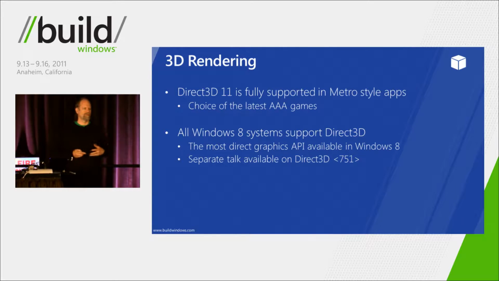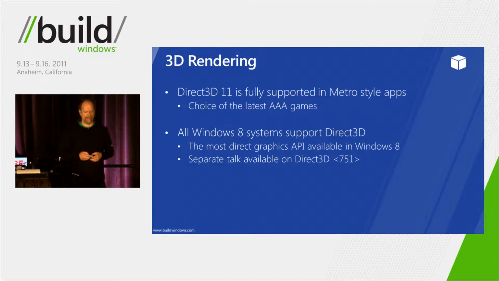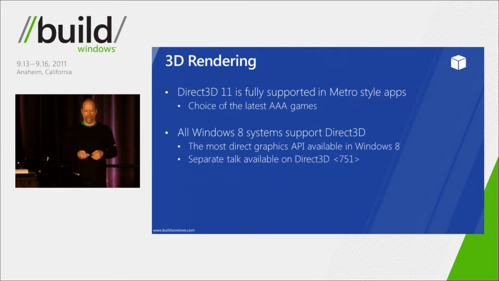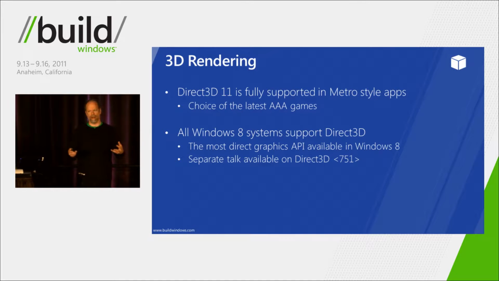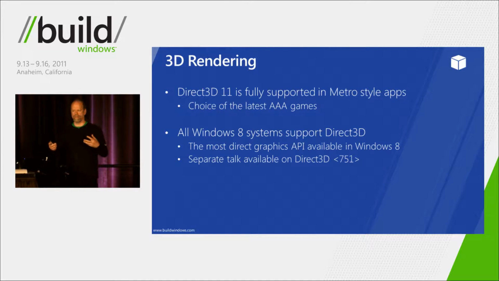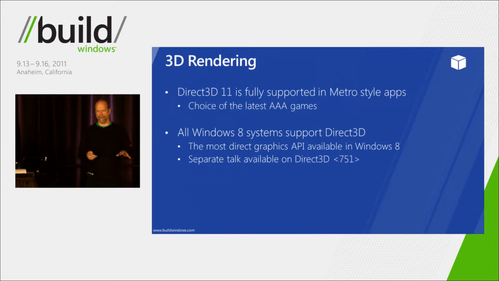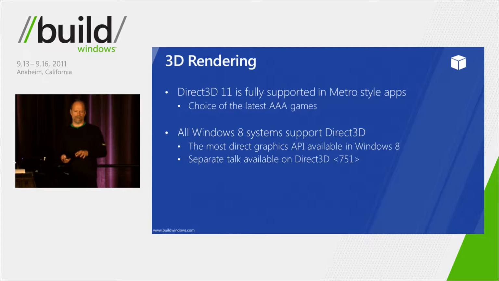Our platform is strongly built on that from the ground up, and as a result, we're going to guarantee that all the Windows 8 devices have good D3D support in the box. Otherwise, they wouldn't be shipping Windows 8 devices. Also, there's a specific talk about Direct3D and some of the more detailed changes that we made to that API over the last few years. That'll be tomorrow around lunchtime.